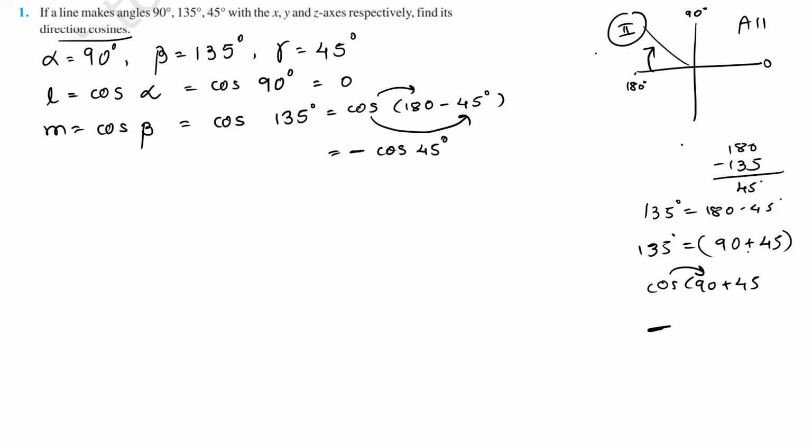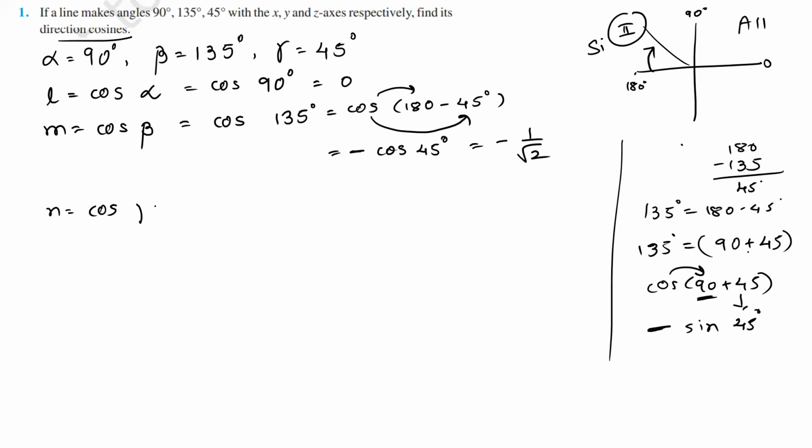All Silver Tea Cups: sine positive, cos negative. But with 90 degrees, cos turns to sine, and sine 45 and cos 45 both give the same answer, which is minus 1 by root 2. You can use either. And n is cos gamma, cos 45 degrees, which is 1 by root 2.